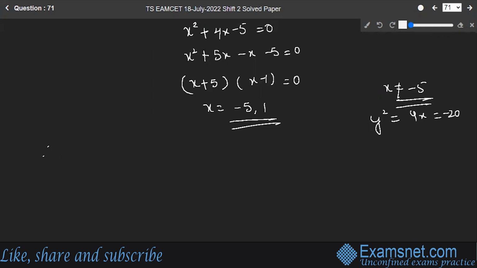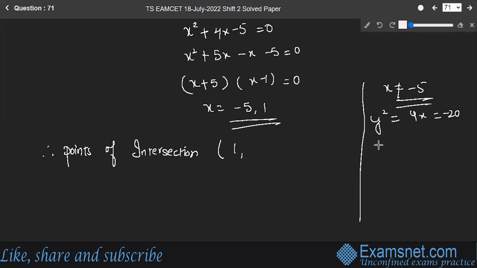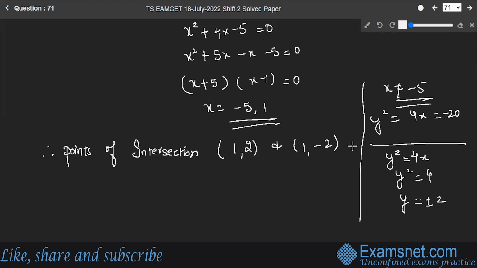So therefore, the points of intersection will be for x is equal to 1. Let's solve it here. y square is equal to 4x. So y square, when I'm putting x is equal to 1, is going to give me 4. y is going to give me plus minus 2. So the first point of intersection is 1, 2, and the second one is 1, minus 2.